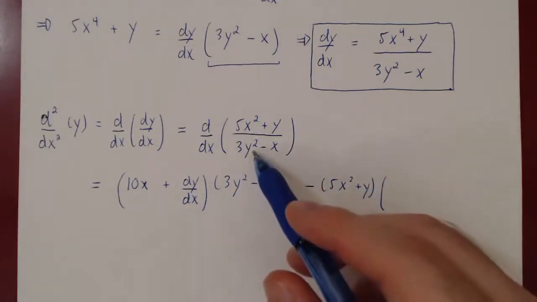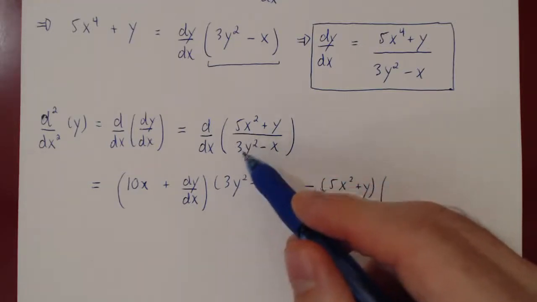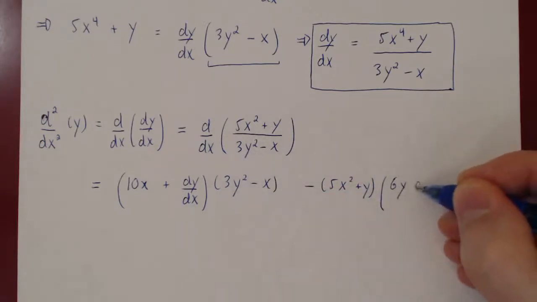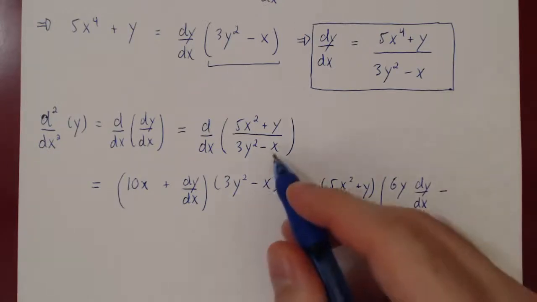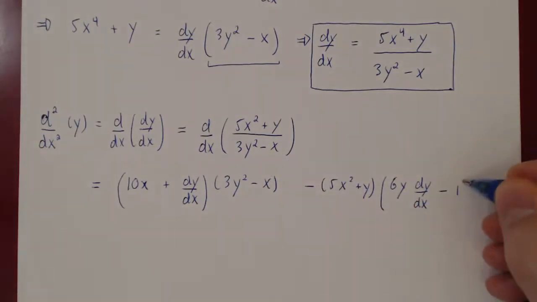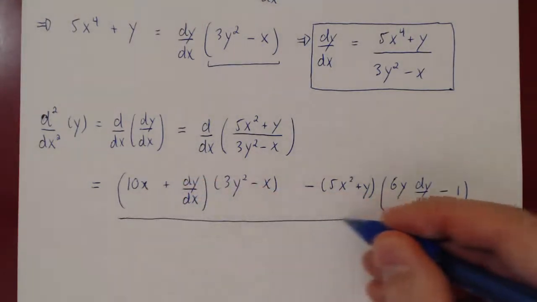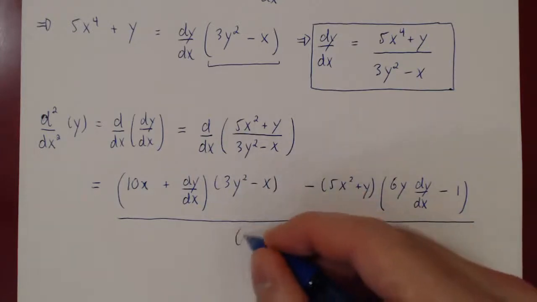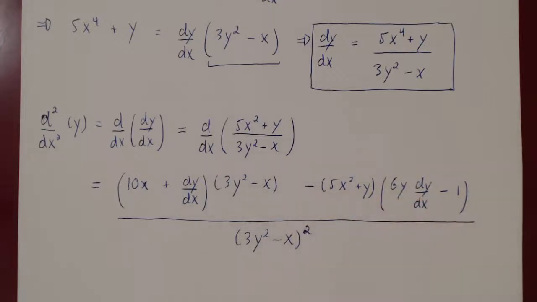Here be careful that there is a y, so complete the chain rule, you'll get 6y times dy over dx minus the derivative of x, which is simply 1, and this is all over the denominator all squared. So 3y squared minus x, the whole expression squared.